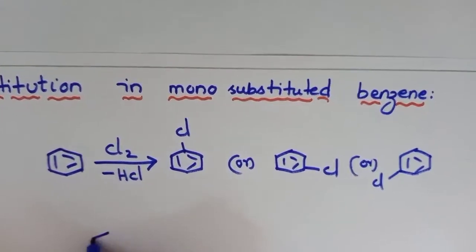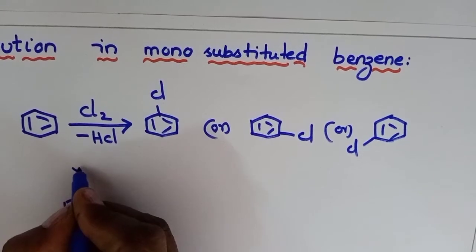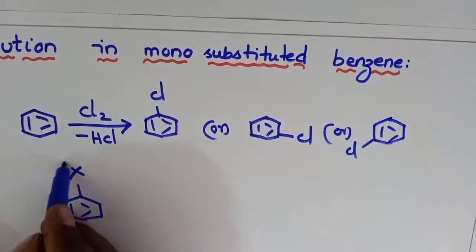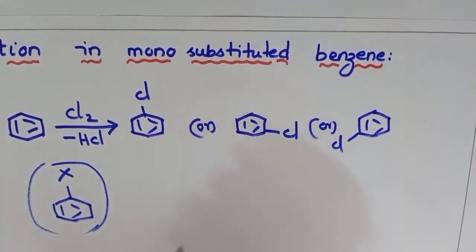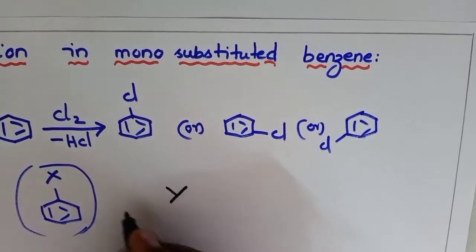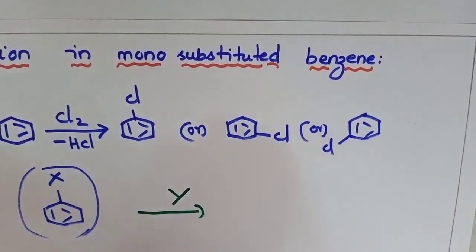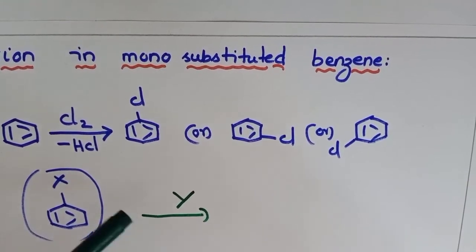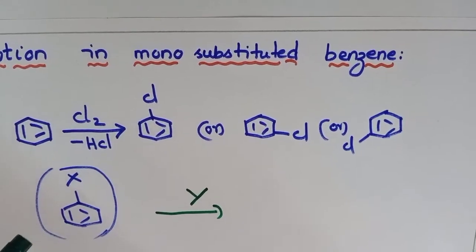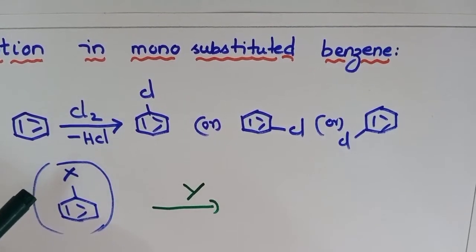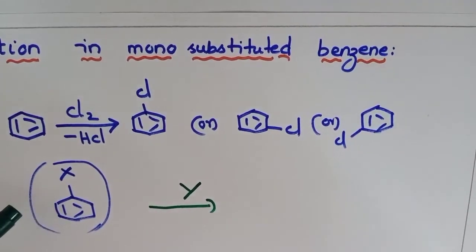For example, students, when a group is already there, let it be X. This is a monosubstituted benzene. Now if any other group is coming inside, like a new admission, suppose this Y has to come inside and get substituted, then the place of this Y in the benzene ring will be decided by the group which is already attached to the benzene nucleus.